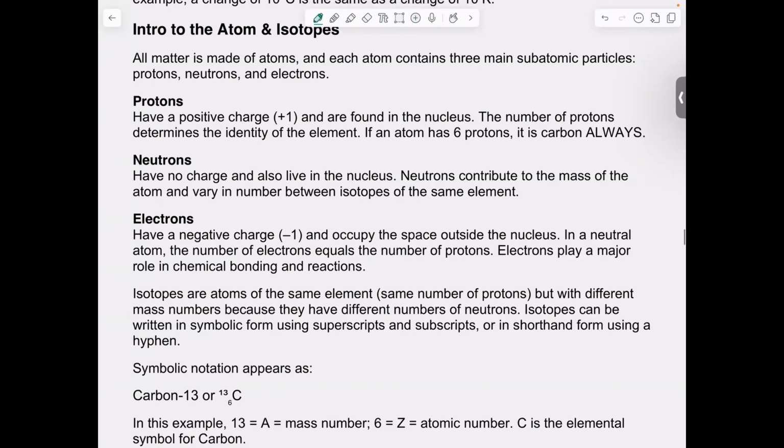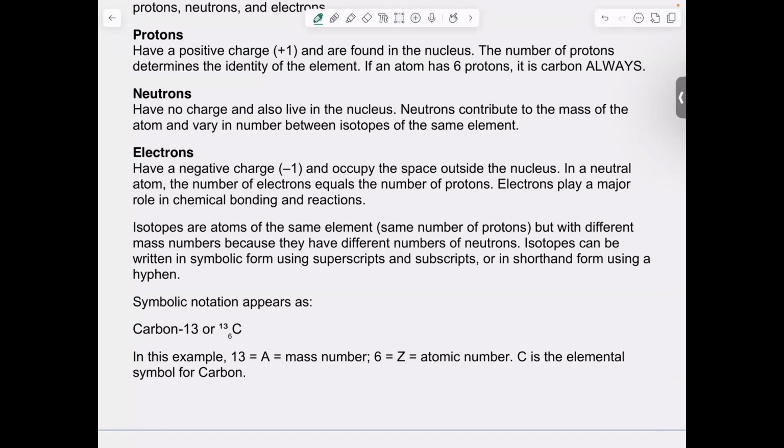Now, for isotopes, they are the same element, so they have the same number of protons, but they are going to have a different number of neutrons. And we can actually look at isotopes using isotopic form and determining whether this is an isotope or not. For symbolic notation, in the lower left-hand corner of the screen, it says carbon-13.